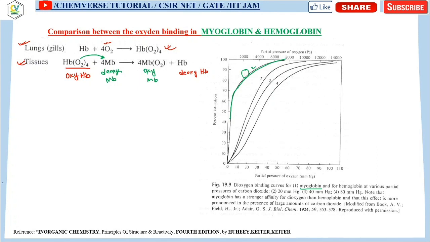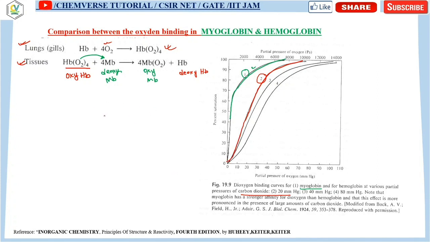And if I mention the curve for the hemoglobin in this red color, so this number 2 is the curve for the hemoglobin. And then the curve for the hemoglobin when there is a carbon dioxide concentration. Now I will discuss it later, because there will be a comparison between 2, 3, 4 on the basis of the CO2 concentration. That's another issue.